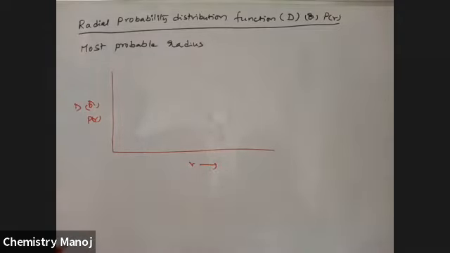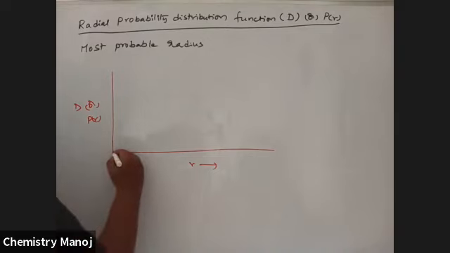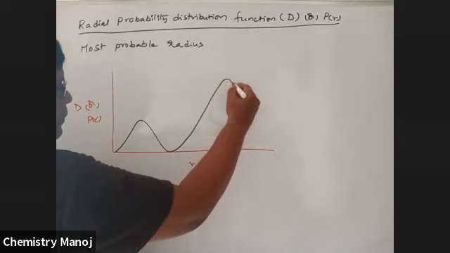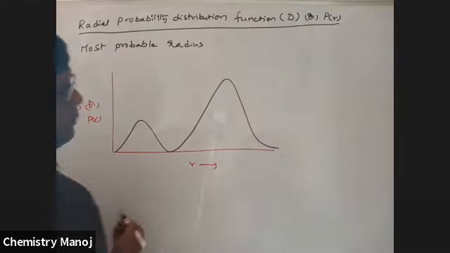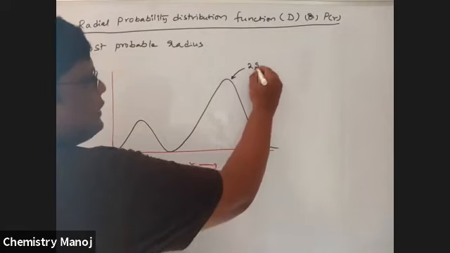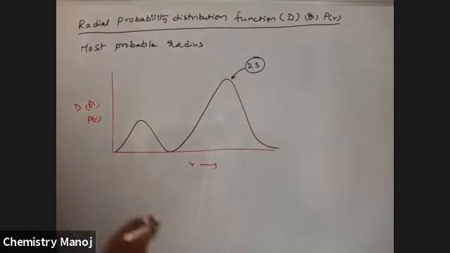I am going to draw the 2S and 2P curves. This curve is for 2S orbital, already drawn on previous boards.